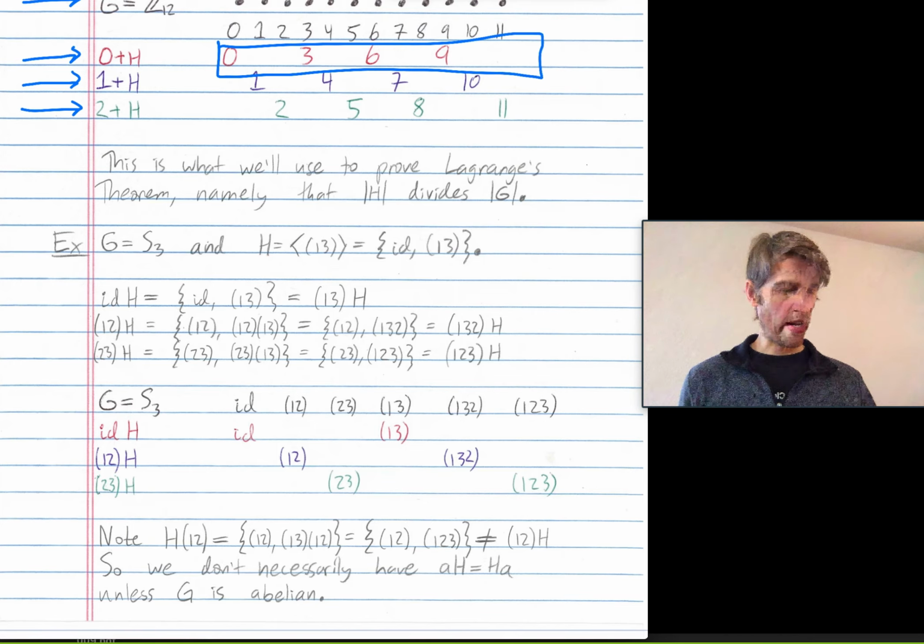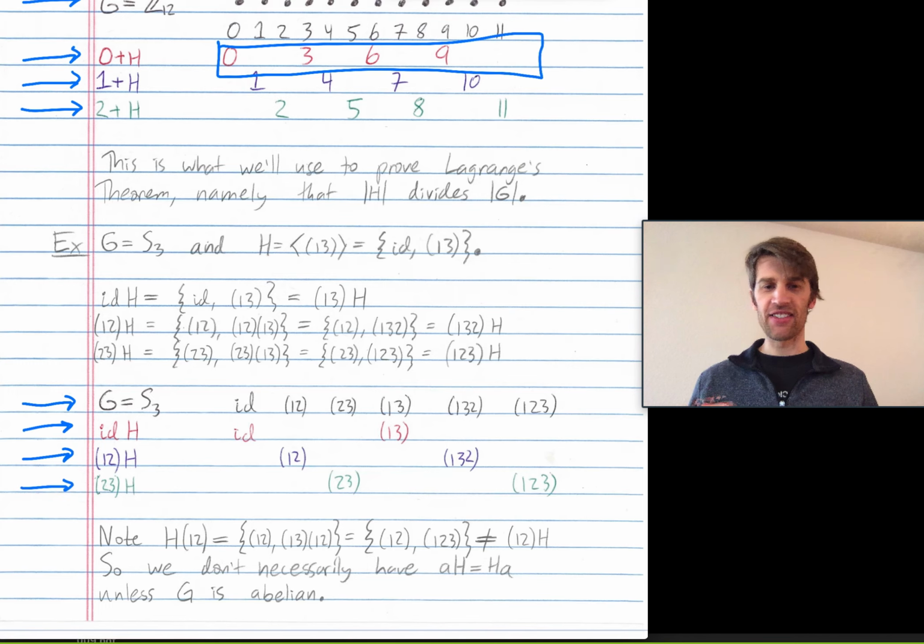So here I have my picture of the group G. All of the 6 elements are drawn there. And you can see that my cosets, the identity H, (1 2)H, and (2 3)H, divide this group up into pieces. All of the pieces have the same size, 2, and I have 3 different pieces, 1 for each coset.